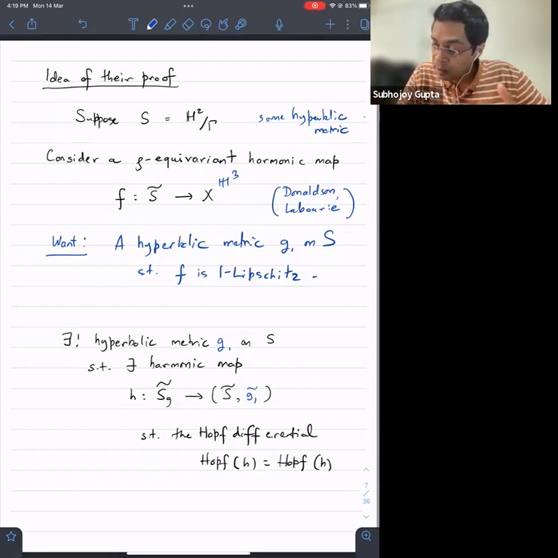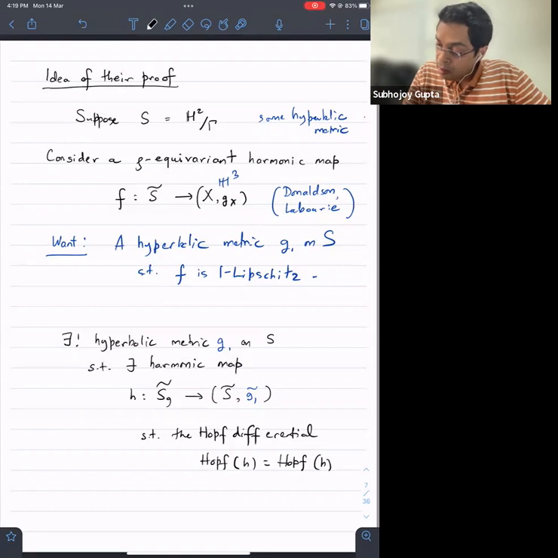One is the pullback of the metric on X. Let's call it G of X, which is the metric in the symmetric space, this CAT(-1) Hadamard manifold. In this case, it's the H3 metric, the hyperbolic metric there. And you can compare it with this new hyperbolic metric G1.